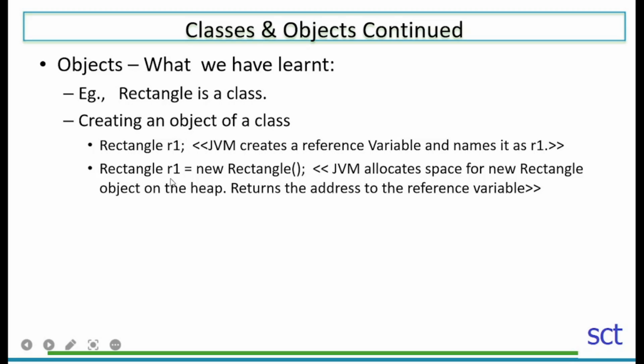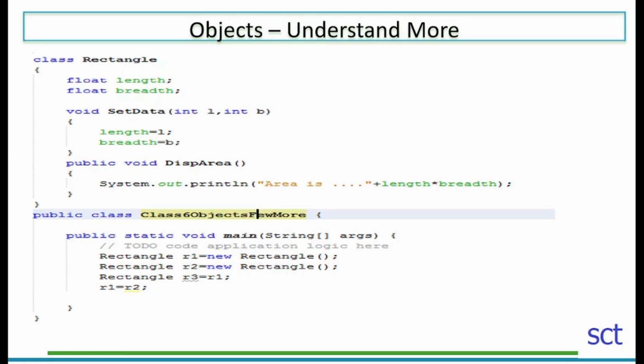When I say new Rectangle, the JVM allocates space for the new rectangle object in the heap and returns the address to the reference variable R1. We saw this example in the last video.